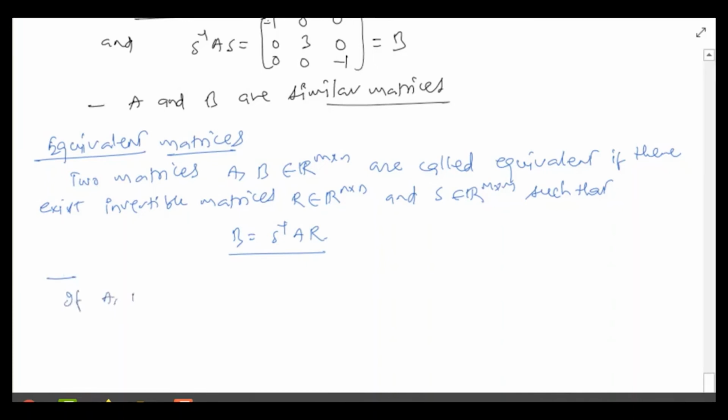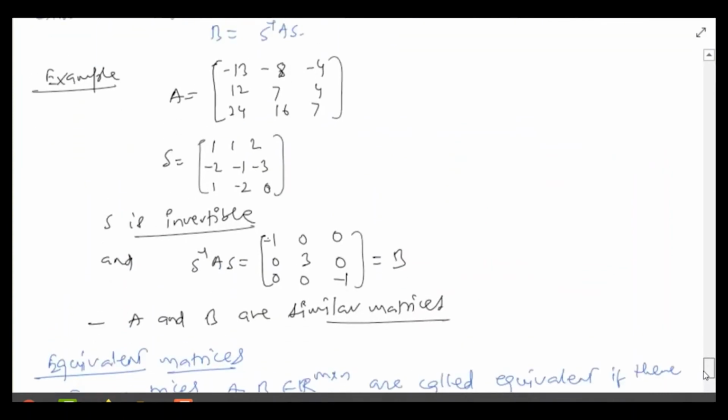If A, B, both n cross n, are similar, then determinant of A is the same as determinant of B.